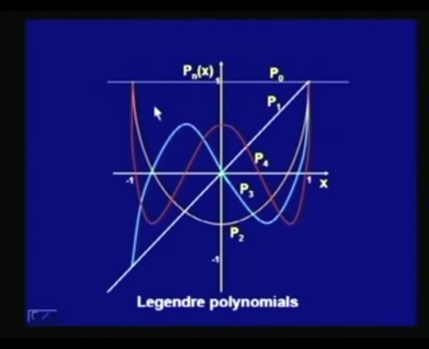Then we have P2(x), this is the parabola given by P2(x), and then we have P3(x), which we can see is an odd function of x, and then P4(x) is this one which we can see is an even function of x. So, they are the graphs of the Legendre's polynomials for n equal to 0, 1, 2, 3, 4, etc.